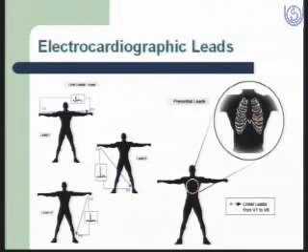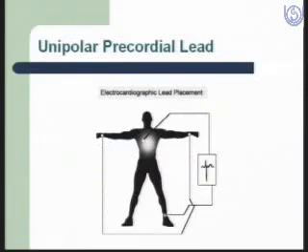So these are known as bipolar leads, and apart from these we have the precordial leads, which are the unipolar leads. The unipolar leads depict the difference in electrical potential between the active electrode, which is placed on the chest, and a reference electrode, which is a combination of the three leads which are connected to each other.